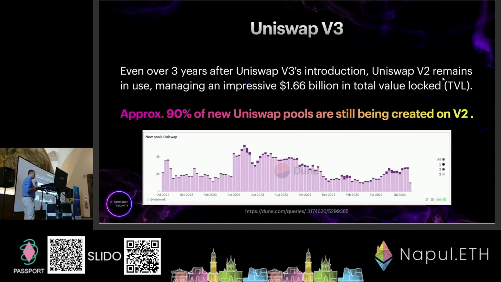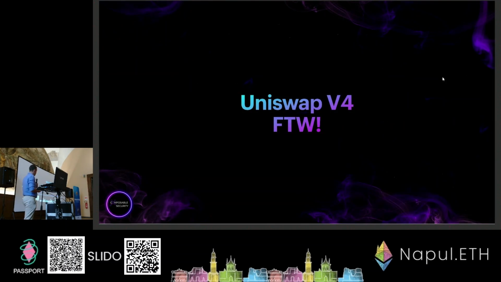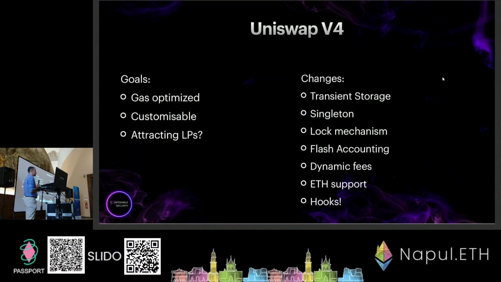And now, over 3 years after v3 has been deployed, 90% of the new pools that are created are still v2, and there is still over $1.5 billion of liquidity in v2. So that's the idea behind v4, one of the ideas, because the goal here is to make it even more gas optimized than v3, to make it customizable, and also attract LPs, possibly, to move from v2 and v3 to v4.